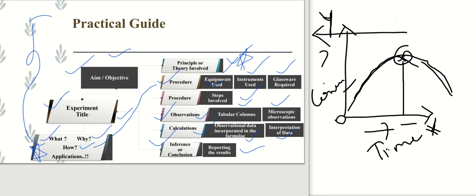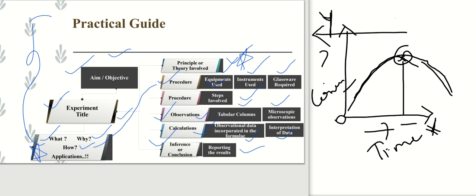You need to know the purpose of the experiment, what is the aim of the study, and what is the principle, the important equipment, and the formula used for this experiment. Procedure: if we get to know the principle involved, it is very easy to know the procedure. It is not always a must to remember the procedure. If we get to know the principle involved, we can easily do the experiment.